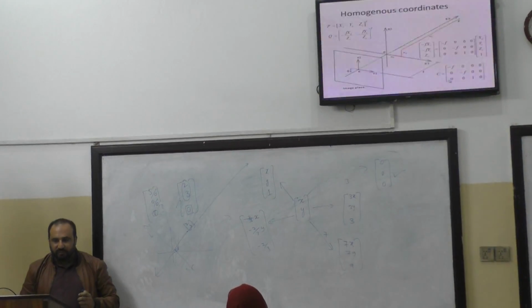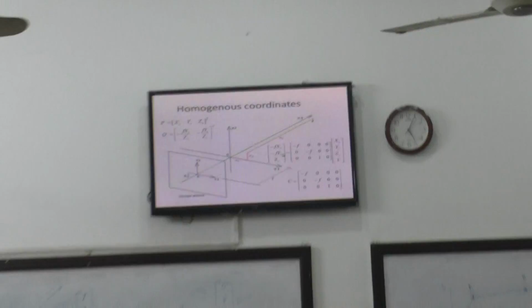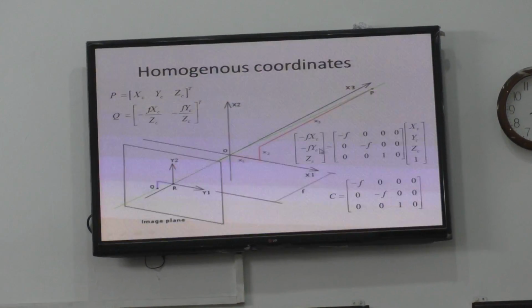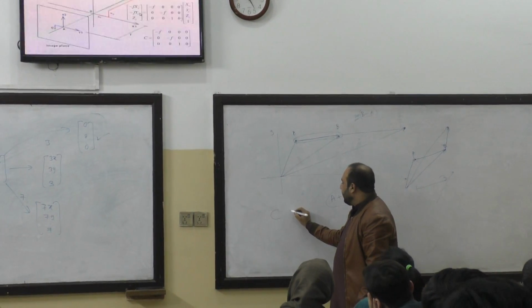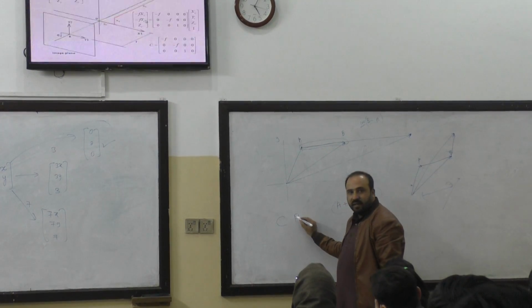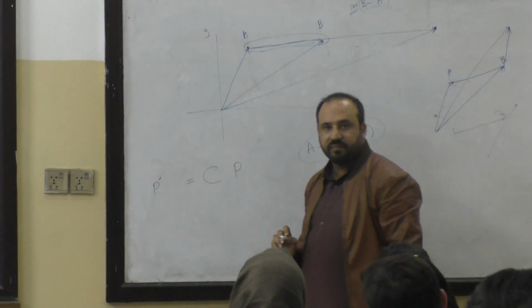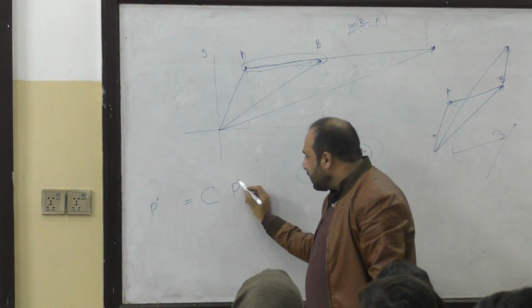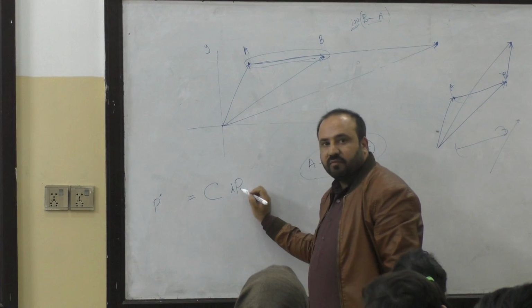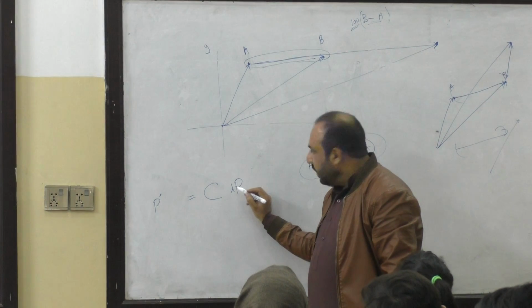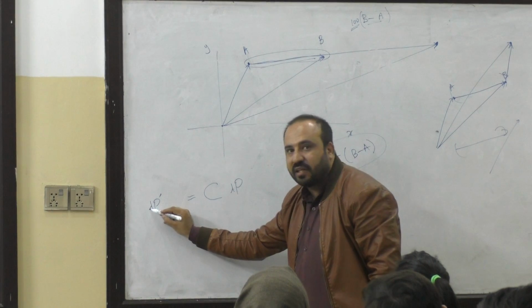और उसकी वजह मैं बता दूँ आपको. उसकी वजह ये है कि ये कैमरा मैट्रिक्स है एक्सेस सी, इसको मैंने एक पॉइंट से मल्टीप्लाई किया, I'm calling it P. सही है? और मेरे पास कोई जवाब आ गया let's say P डैश. सही है? ठीक है. इस P को पूरे के पूरे को मैं जिस मर्जी स्केल फैक्टर से मल्टीप्लाई कर दूँ, it is same point at the end of the day. लेकिन ये रिजल्ट क्या है कि लैम्डा से मल्टीप्लाई हो जाएगा.